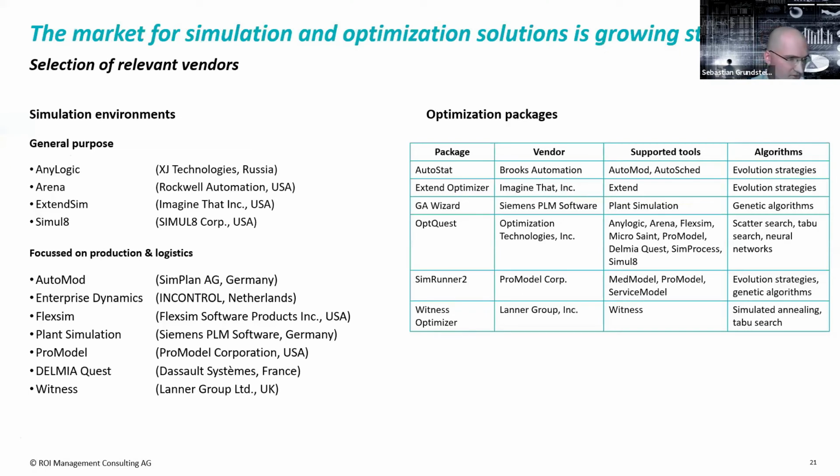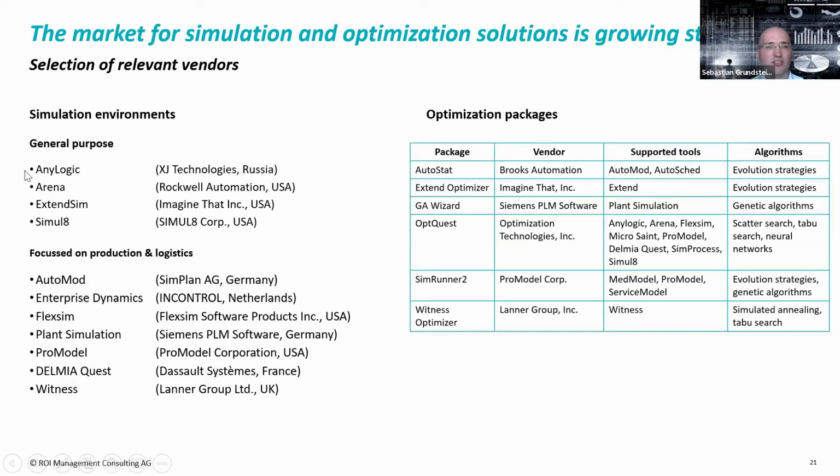You saw two screenshots of simulation environments. Here I prepared a short market overview. Of course, it's not a whole market study. It's an overview of relevant vendors and simulation environments. On the left side are those particularly specialized on simulation.